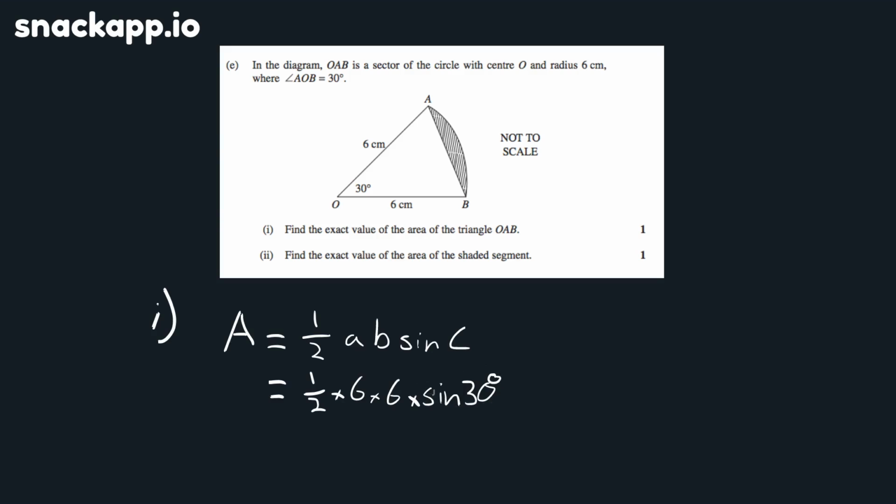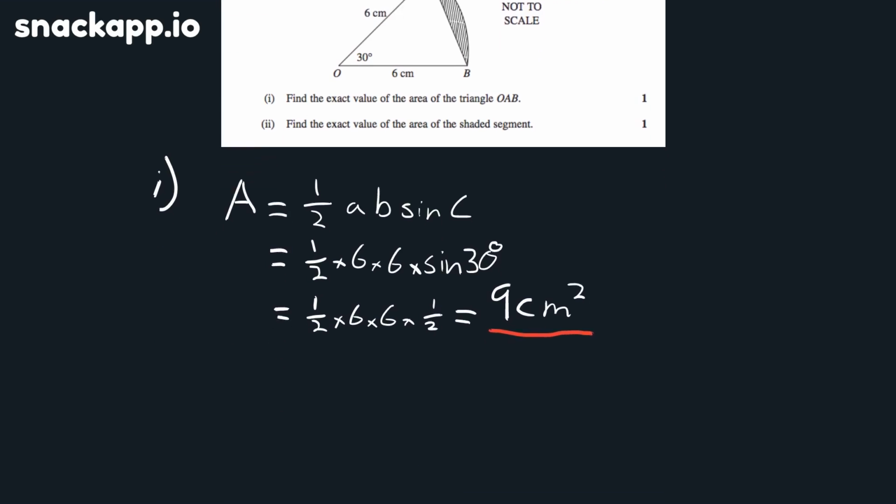Now, this is pretty easy because sine of 30 degrees is just a half. So we're going to have a half times 6 times 6 times a half, which comes together as 9. And this is in centimeters, so it's an area, so we've got to make sure we get the right units. Centimeters squared, okay? So that there is the answer to part I.